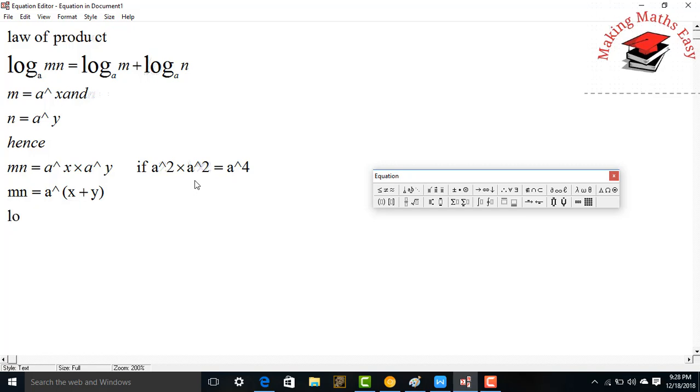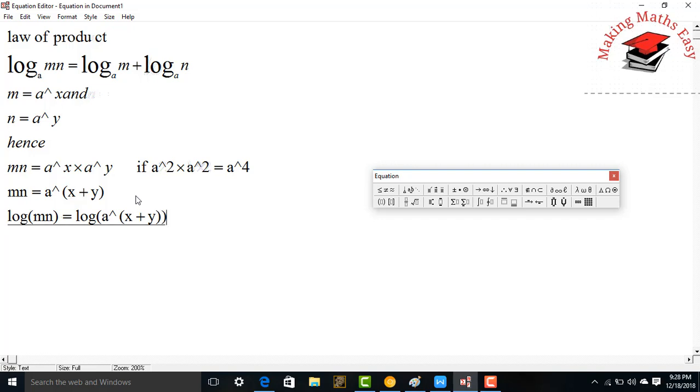Now taking log on both sides. We have to take the log on the RHS as well as the LHS, so we will take the log on both sides. After taking log on both sides, we get log of mn equal to log of a raised to x plus y.